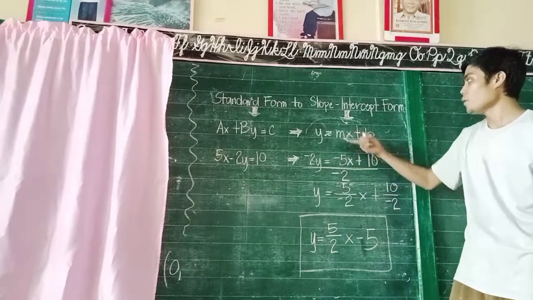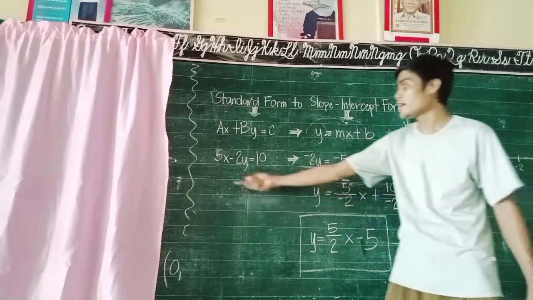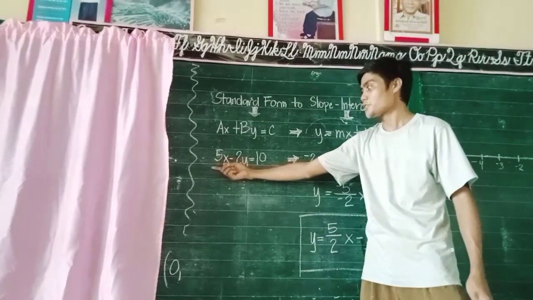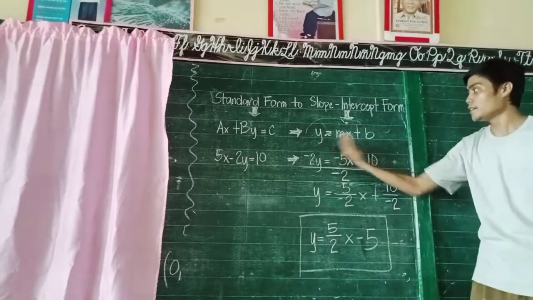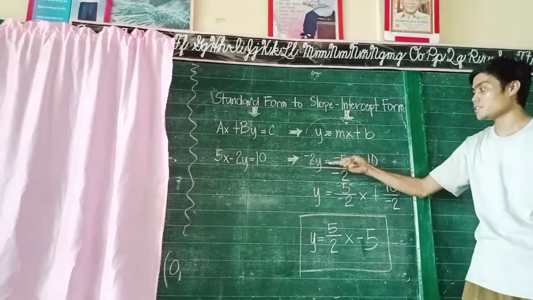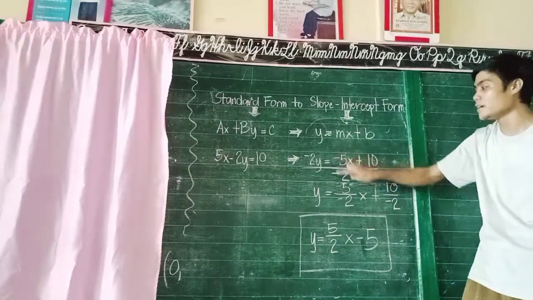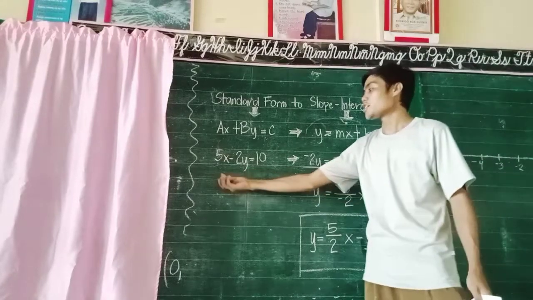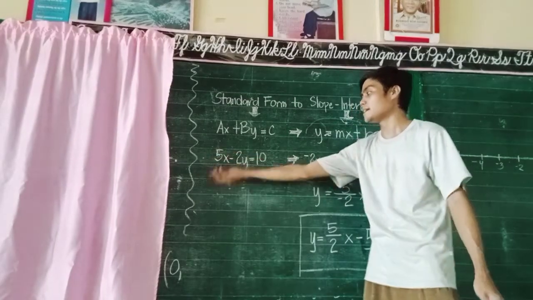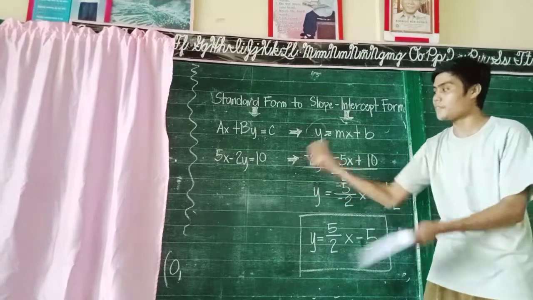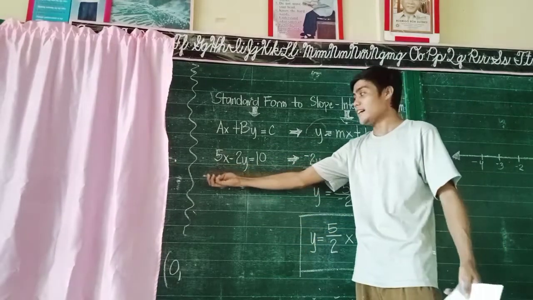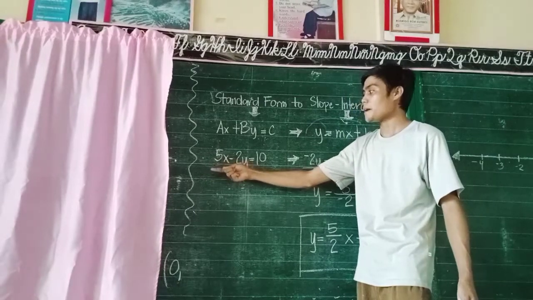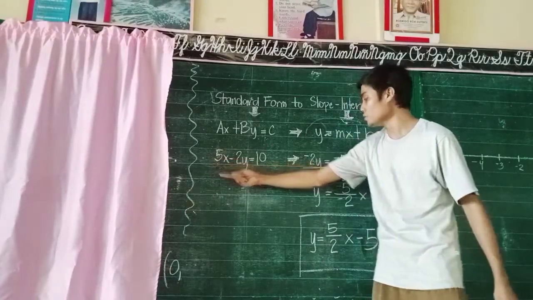So our x term is 5x. The 5x is on the left side, and we need to move it to the right side. When we move it to the other side, its sign, which is positive, changes into negative.